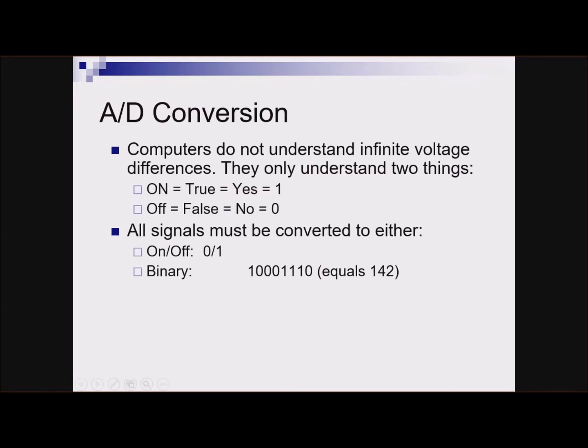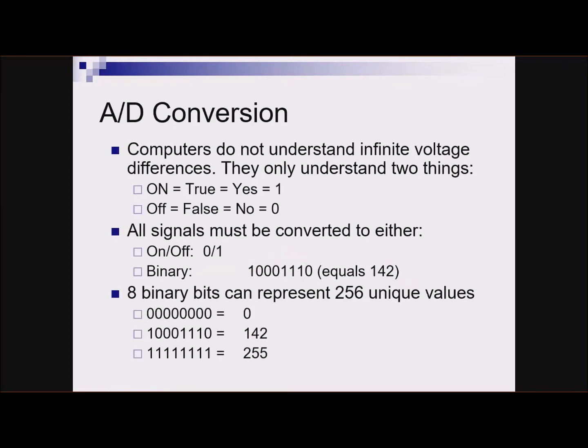It's going to look like this. If it wanted to store the number 0, it would be all zeros. If it wanted to store the number 255, it would be all ones.